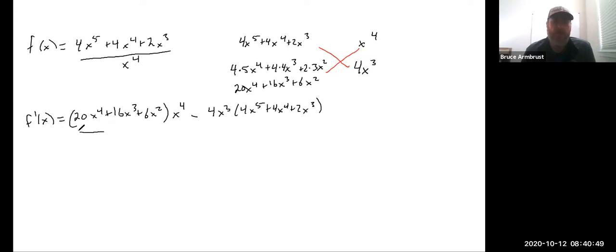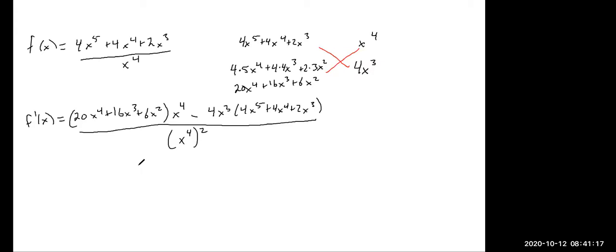And then on the bottom, you just take this guy, x to the fourth, and we square it. So that little rhyming thing, it goes low d high minus high d low, square the bottom, and away you go. All right, well, there's the quotient rule.